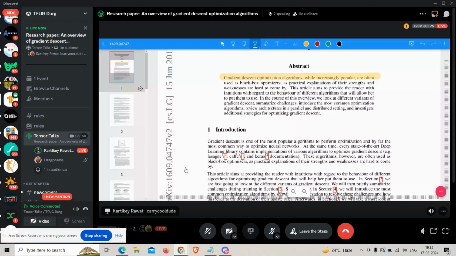Suppose in your mathematics time, in 10th or 12th, you pretty much know you do differentiation with respect to some variable, right? So suppose there is a function called z function, and you have two parameters that the z function depends on, that is x and y.